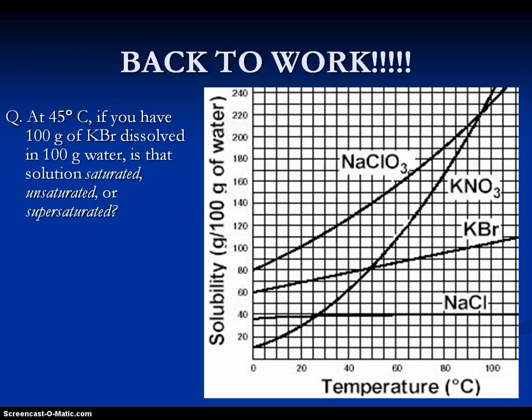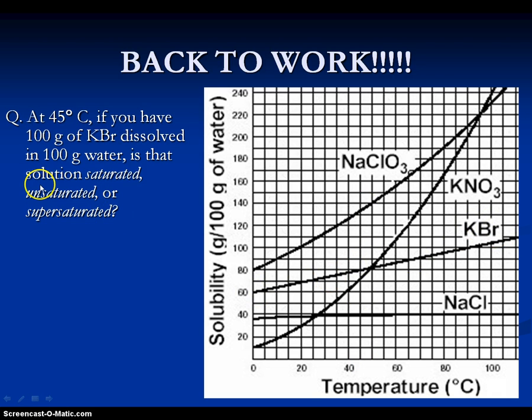Now, if we look again at the curve, we can determine whether a solution is saturated, unsaturated, or supersaturated. So again, using the example of potassium bromide, at 45 degrees Celsius, if you have 100 grams of potassium bromide in water, is it saturated, unsaturated, or supersaturated? If we went to 45 degrees and up to 100 grams, we would be right here. And you notice that you are above the line for potassium bromide.